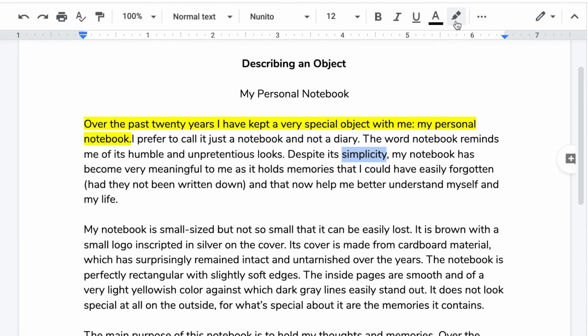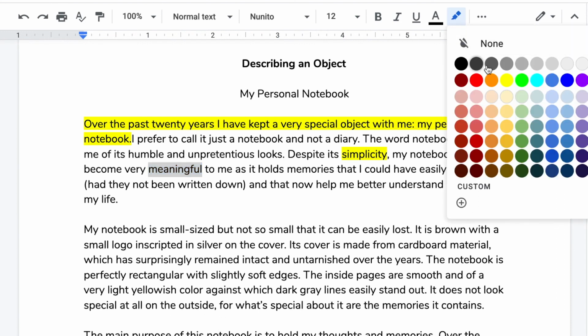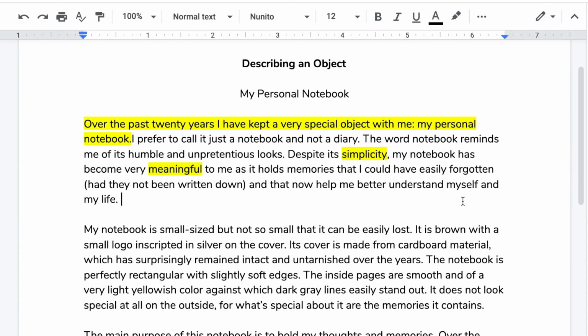So it's a simple diary. I mean, it's not anything expensive, but it is very meaningful. So those 2 elements hint at the topics of the first and second body paragraphs, or the second and third essay paragraphs. One will be about a physical description of the diary, and the other will be about the meaning of the diary to the author or the writer in this case.